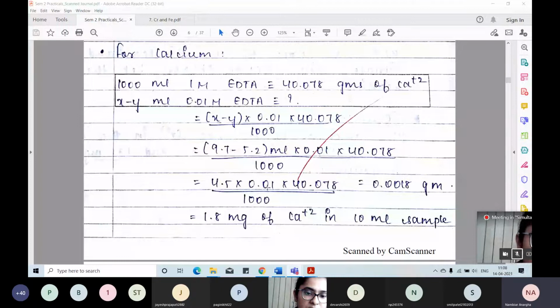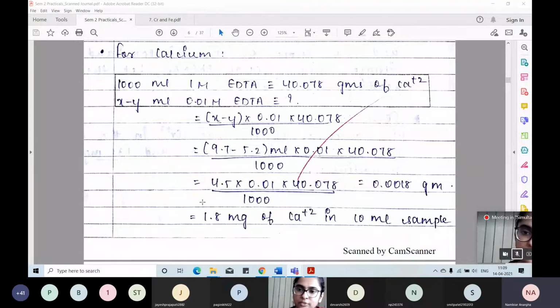So again in this you have the standard equation. अगर आपके पास 1000 ml 1 molar standard EDTA है, so that is equivalent to approximately 40 grams of calcium. Based on that standard equation, you can see that during that practical it was found out that in the 10 ml of unknown sample, 10 ml of mixture, 1.8 milligram of calcium was present.